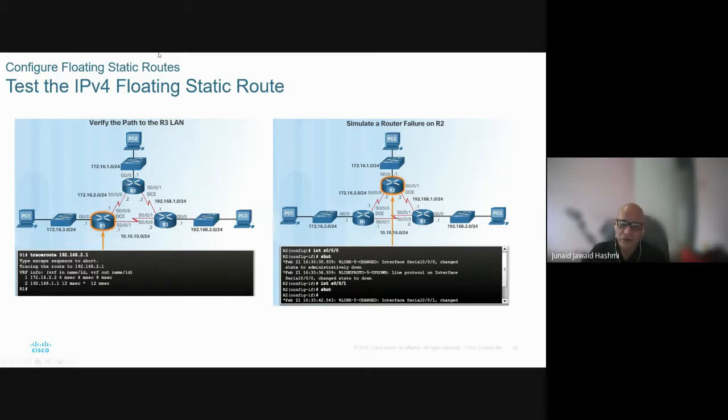So for example, once you create a floating static route, where there are two links that connect two devices, just shut down one link by using the shutdown command in order to test to see if the other link is still live, meaning it's still carrying traffic for your network.